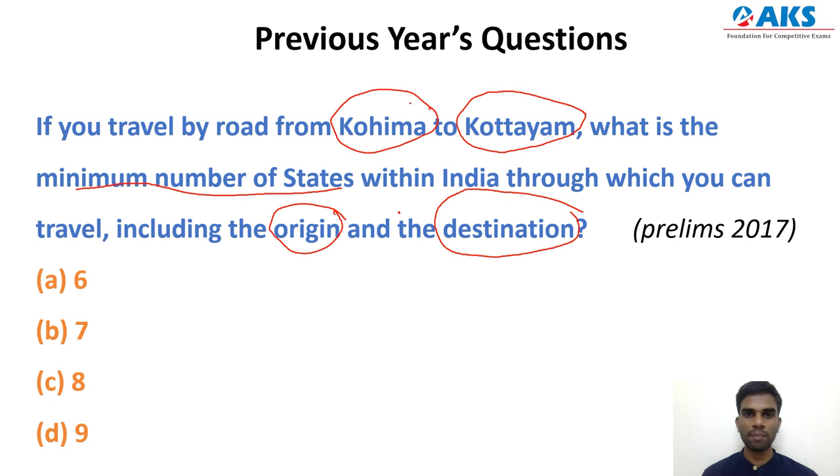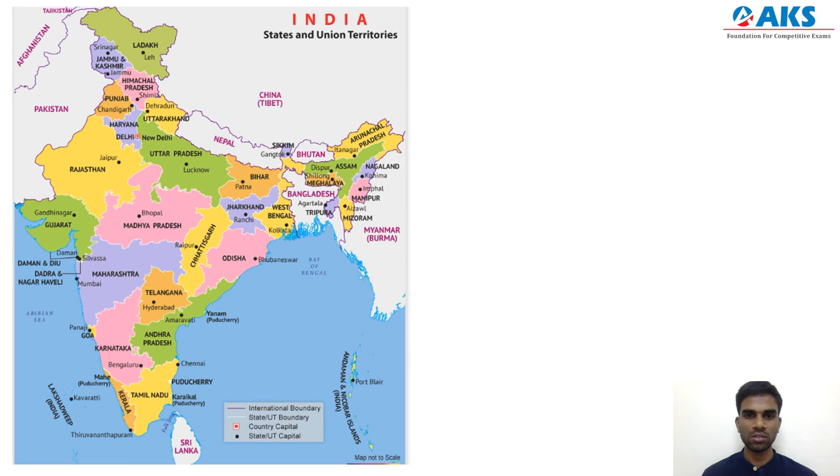Let us look at the map. Kohima is the capital of Nagaland, and we have Kottayam in Kerala. So we have to start from Kohima and reach Kottayam in Kerala, and we should see how many minimum number of states we should pass through.